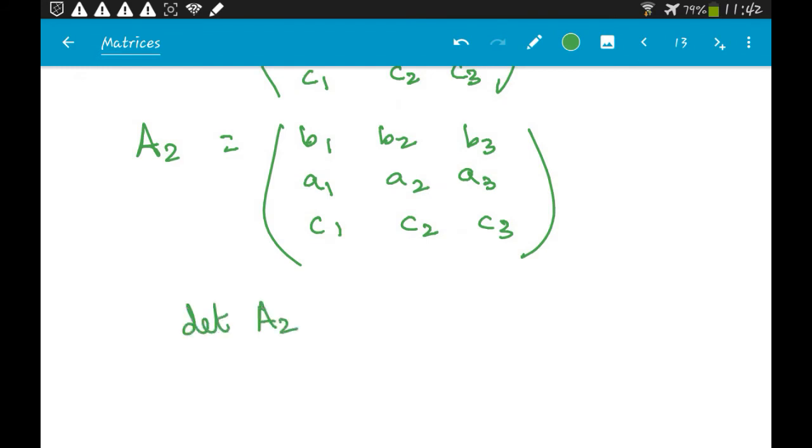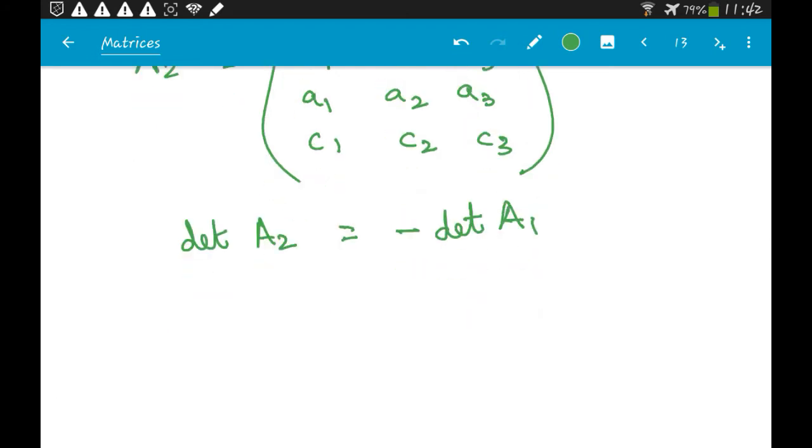If you see, the determinant of A2 is nothing but negative of the determinant of A1. Basically what this means is, you can always verify this. You can find the determinants and verify it yourself.